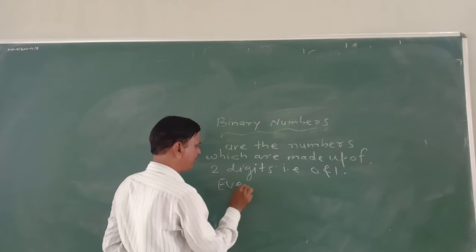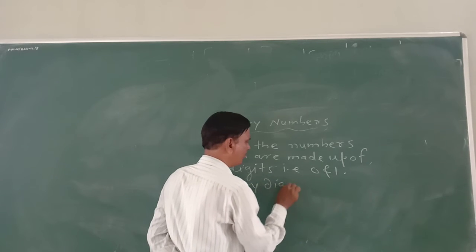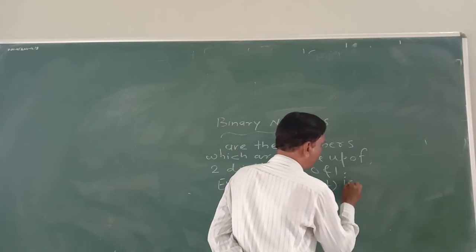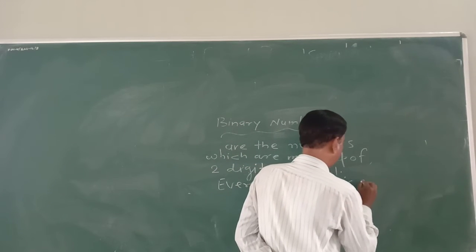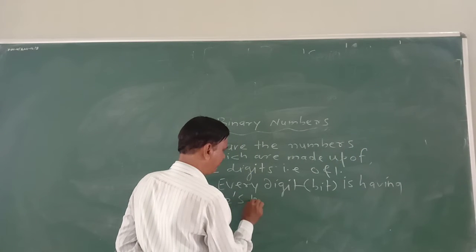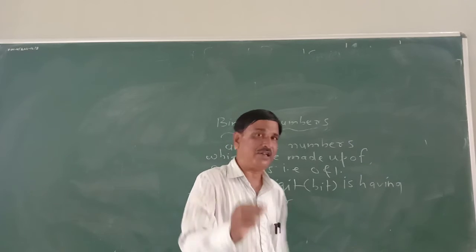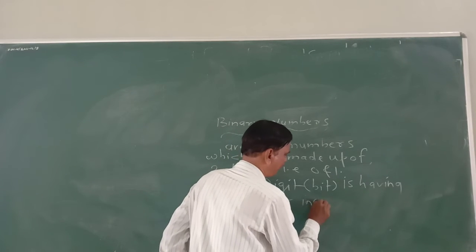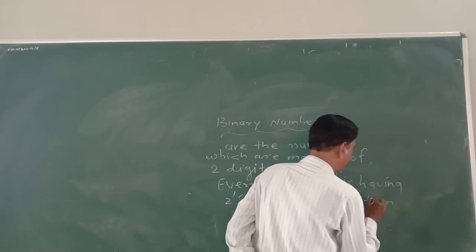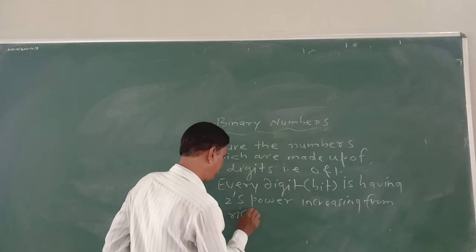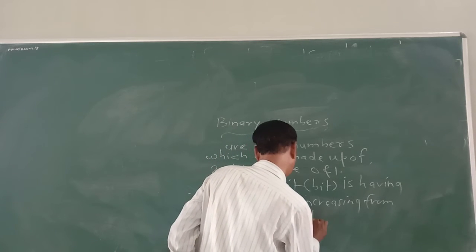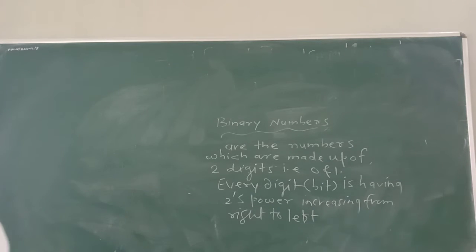Every binary digit, called a bit, has a power of 2, and that power increases from right to left. So this is the definition.